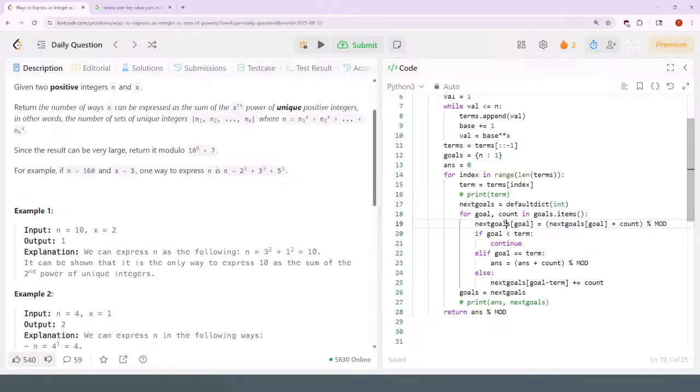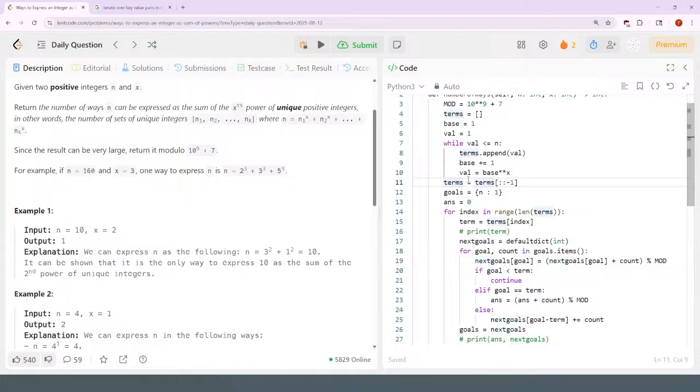So I think what I can do here is, let me just try to see how it fares if I don't reverse it. So if I don't reverse it, then I'm going from smallest to largest. In which case, if the goal is less than the term, and my terms are only getting bigger, I think I could probably break at that point rather than continue.